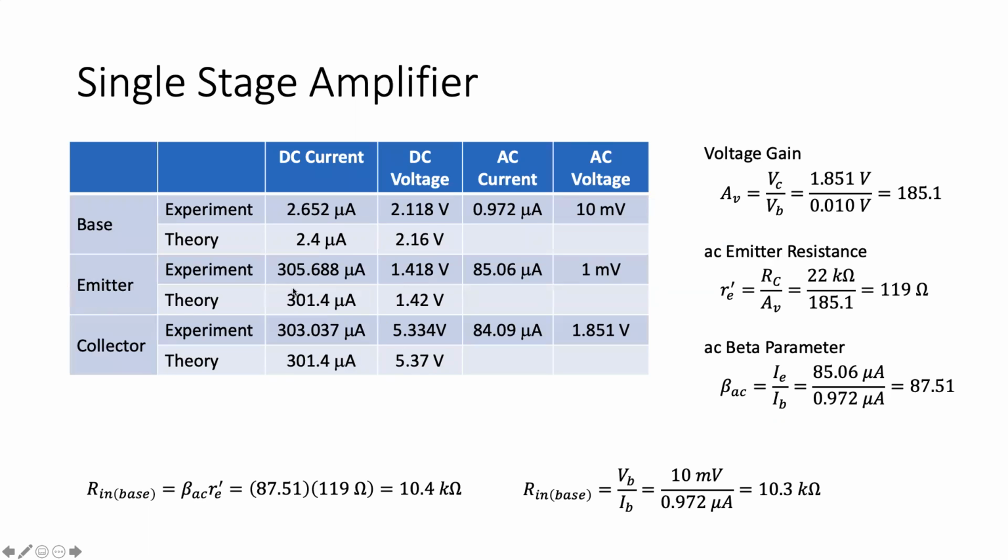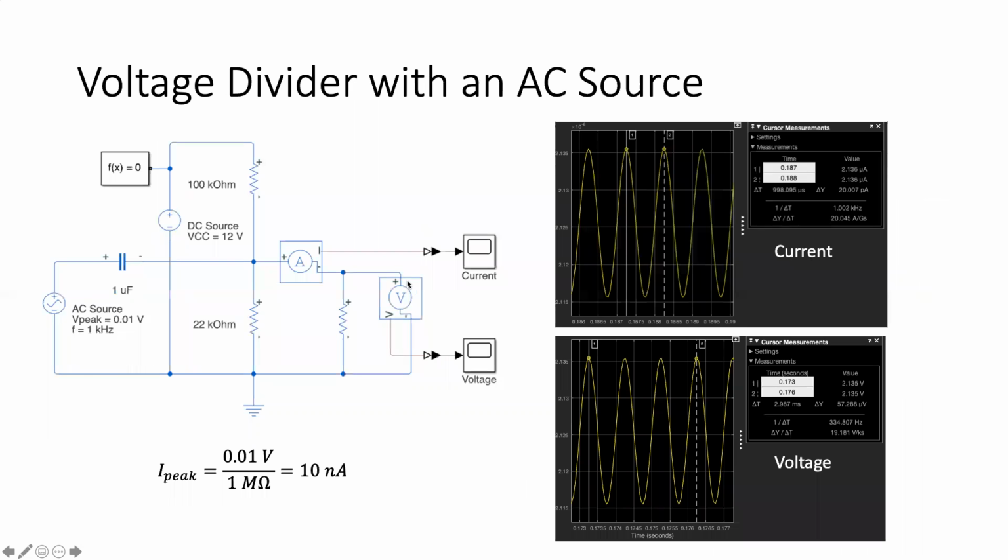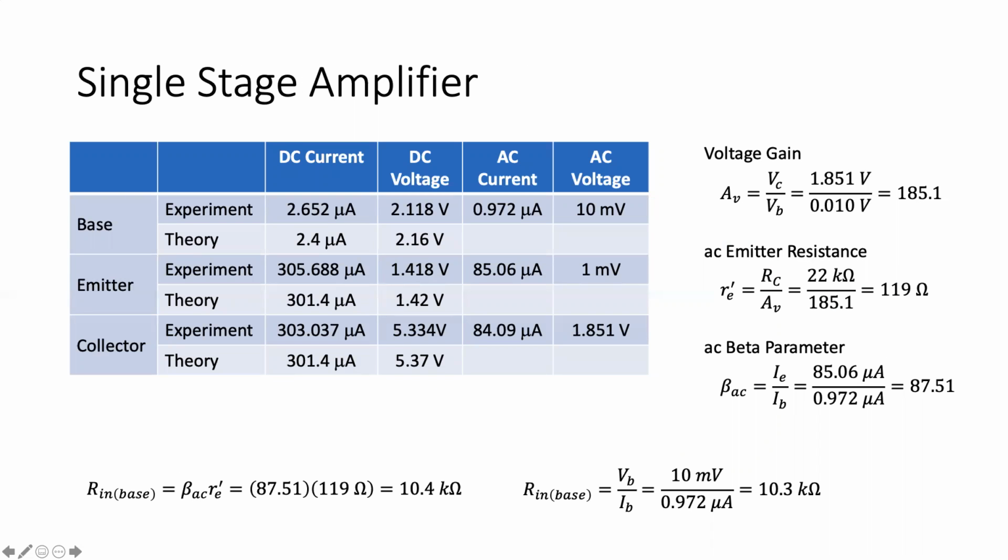Sa emitter it's about 305.688 microamperes and yung theoretical is 301.4 microamperes. Sa collector is 301.4 microamperes din, pero experimentally it's 303.3037. So they're not exactly the same. For DC voltage, emitter is 1.418 volts, theoretical is 1.42, and for collector is 5.334, and theoretical is 5.37.